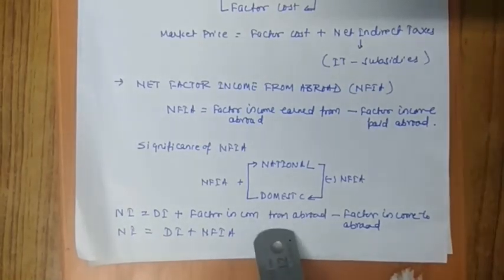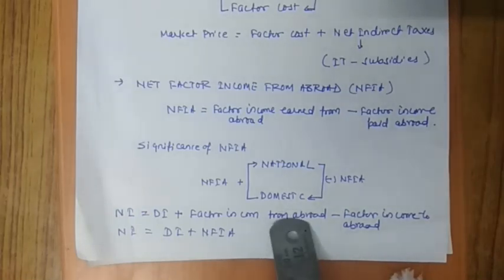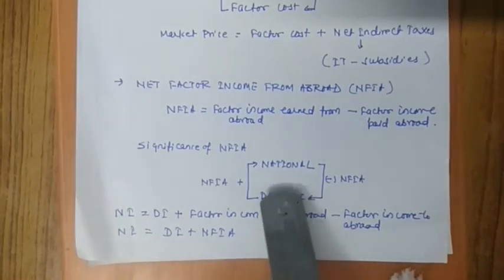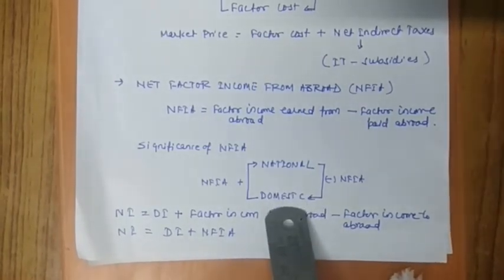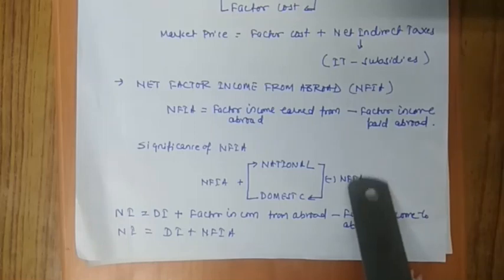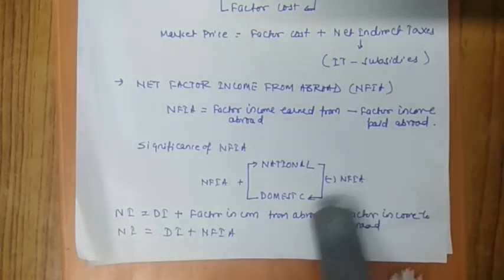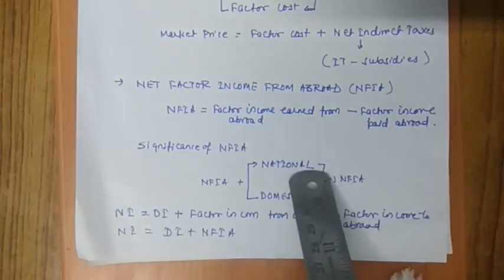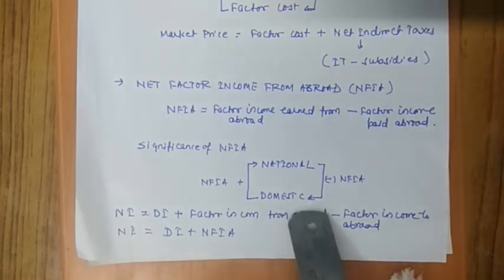The answer is no. Most of the time national income is greater than domestic income, but in case NFIA is negative, the national income will be less than domestic income. This is to be noted.